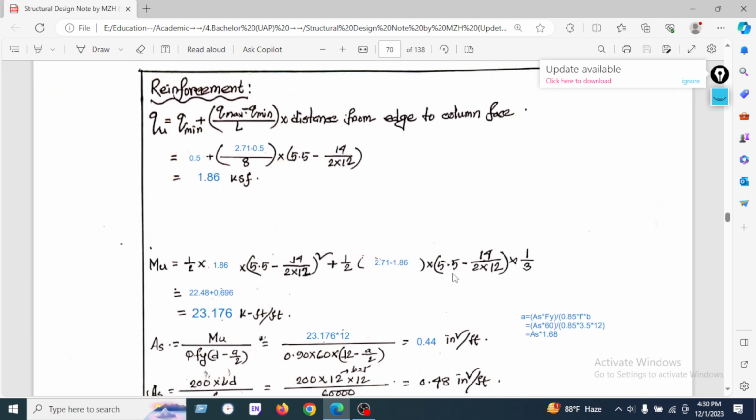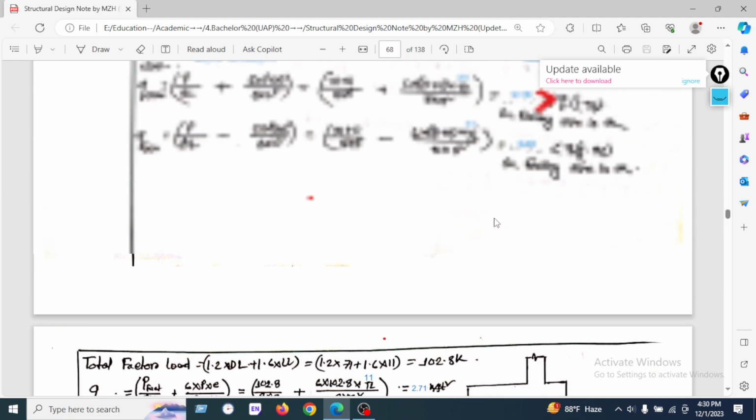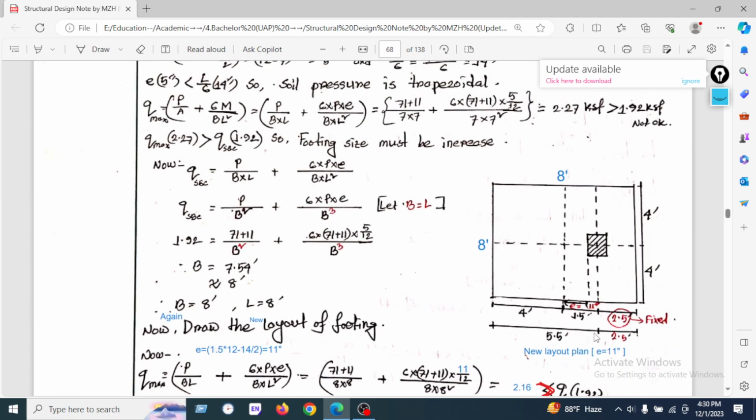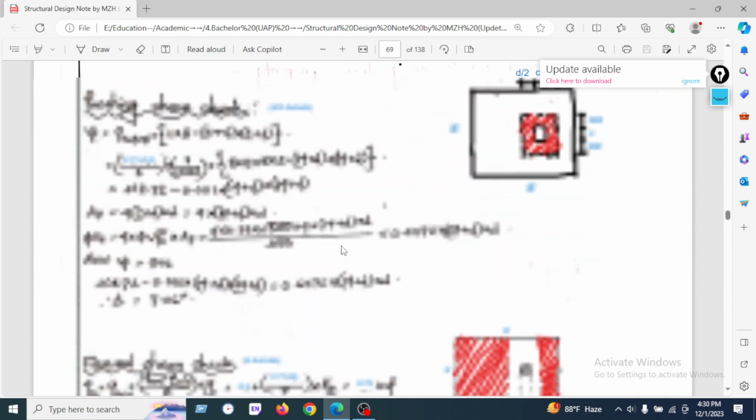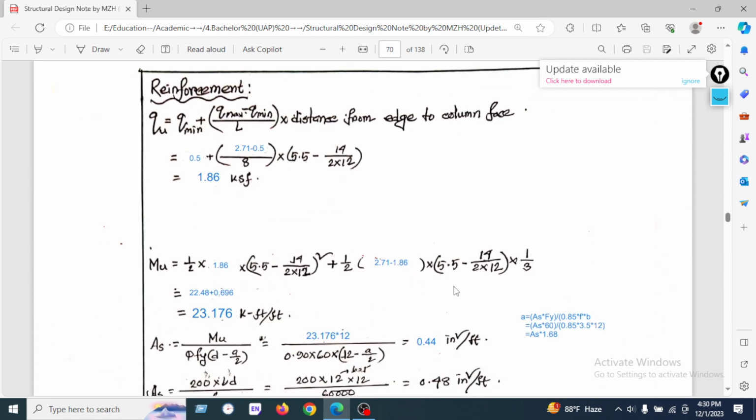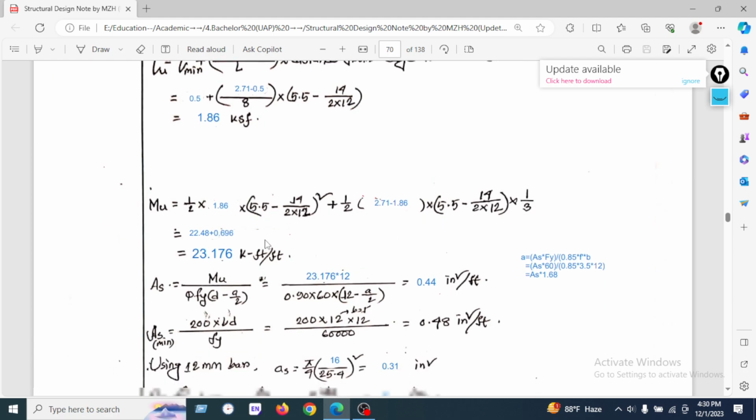And also 5.5, as we have seen in the graph, is the CG from the column to the left portion, and 14 is the column dimension divided by 2, and divided by 12 for converting the unit from inches to feet, and multiplied by 1/3.